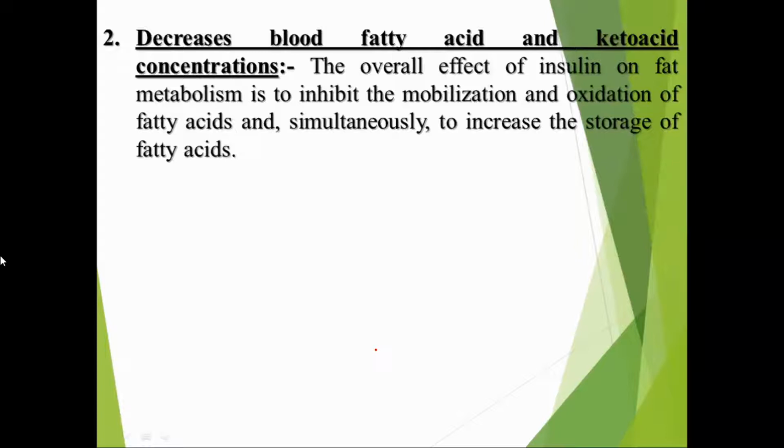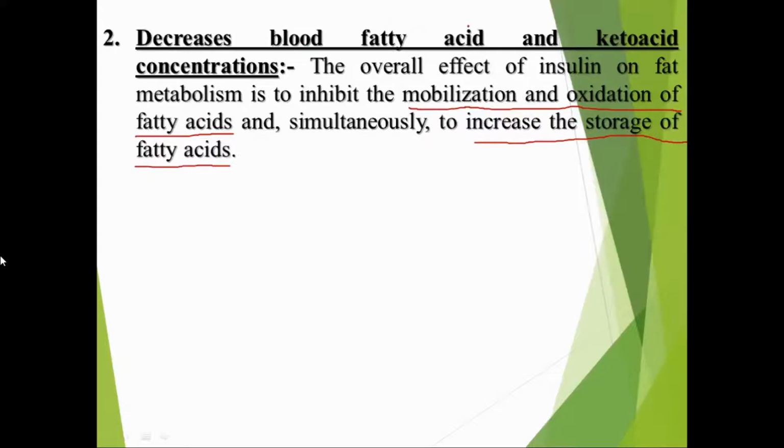Now, the second major action of insulin is that it decreases blood fat, fatty acid, and keto acid concentration. So the overall effect of insulin on fat metabolism is to inhibit the mobilization and oxidation of fatty acids and increase the storage of fatty acids.